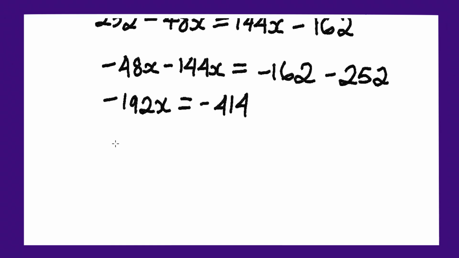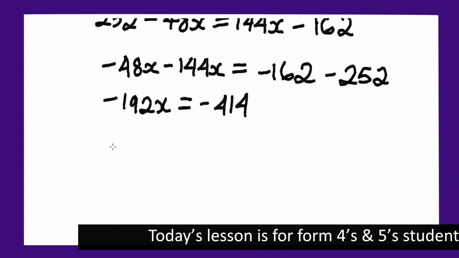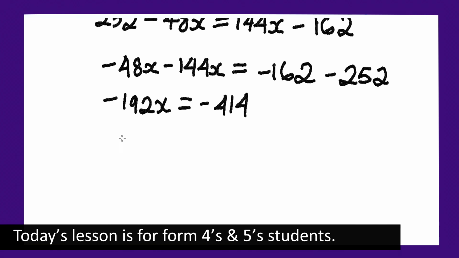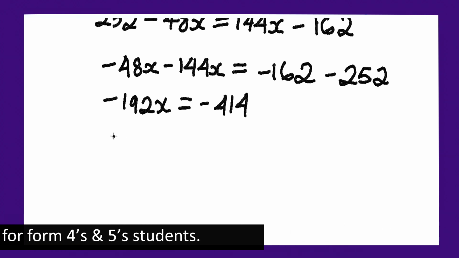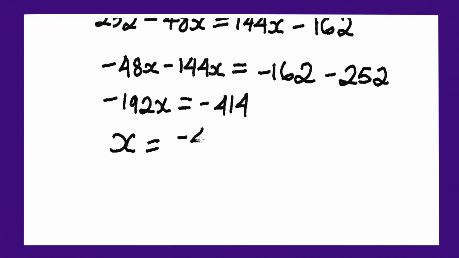Well, in order to get x on the left-hand side for itself, where x would be the subject of this equation, we have to divide both sides of the equation by negative 192. So can we just take our viewers straight to the answer instead of writing this line again, as I said in the previous example? Can we just say x is equal to? Sure, so we will have x is equal to negative 414 divided by negative 192.